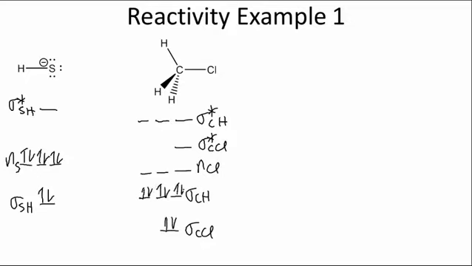I won't ask you to draw two MO diagrams next to each other and get the relative energies right generally between the two because that's just complicated. But I tried to in my drawing here more or less get the relative energies between the two molecules about right. So sigma CCl is going to be lower energy than sigma SH, particularly because what kind of charge does the S have? Negative charge.